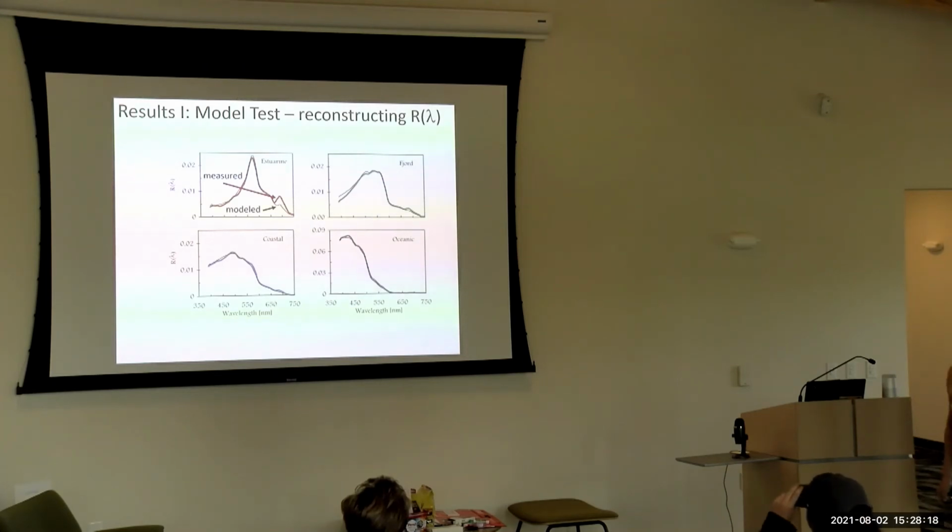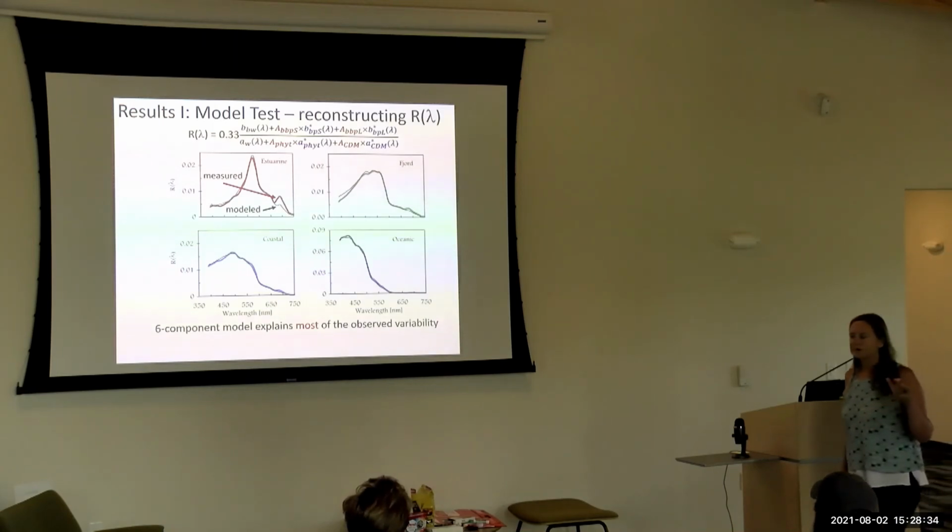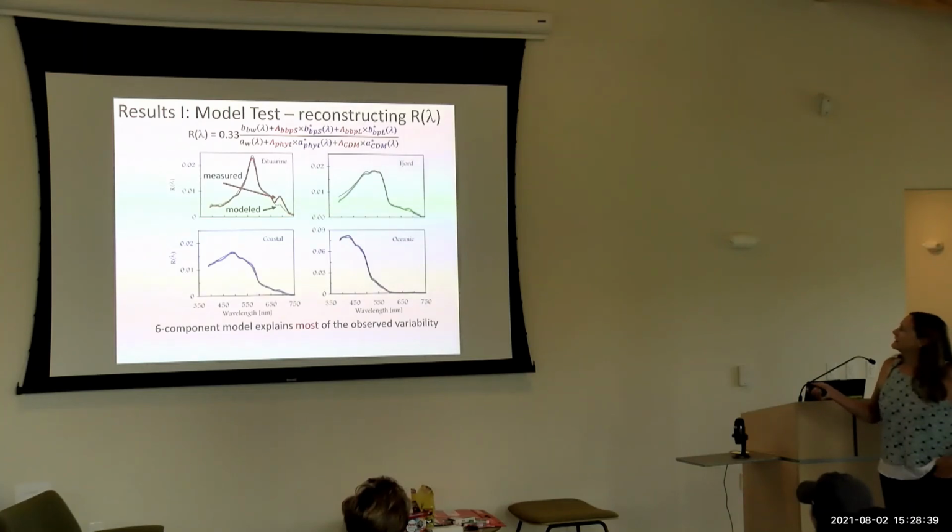This is one model. Nothing changes. The exact same eigenvectors. All I did was vary the magnitude of them. It's a 6-component model. Water absorption, backscattering are constant. And the only thing I'm varying is the amount of small particle and large particle scattering, the amount of phytoplankton of an average generic spectrum, and combined CDOM and NAP.